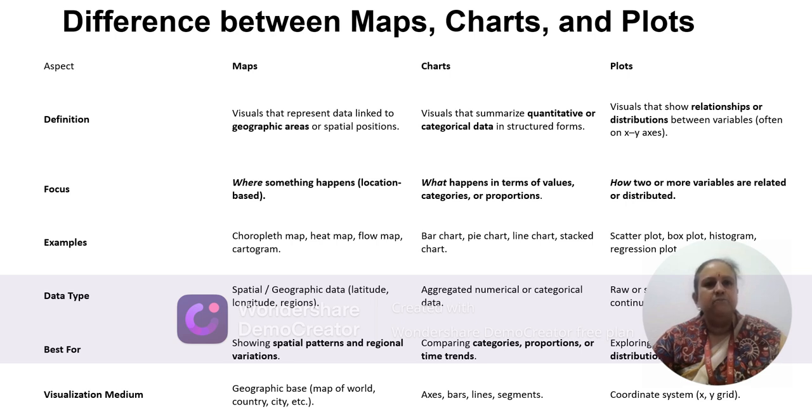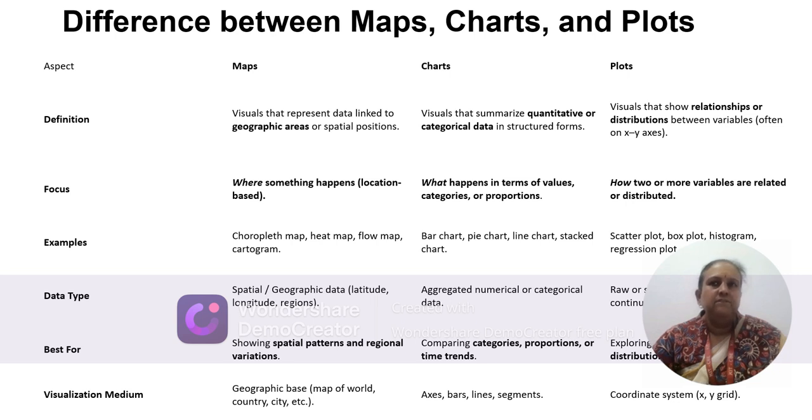Maps describe where something happens. They are based on location, and charts show what happens in terms of values. They are based on categories or proportions, and plots are used to show how two or more variables are related or distributed. So: where something happens, what happens, and how two or more variables are related.